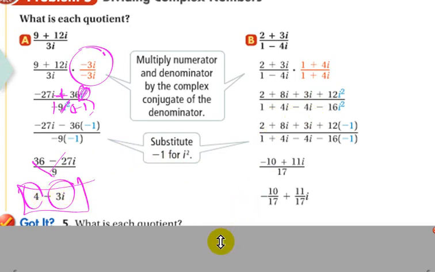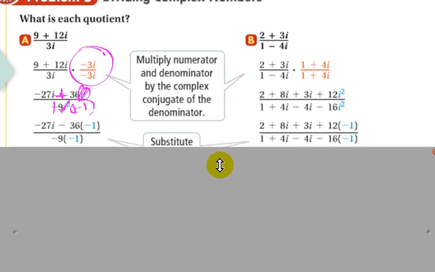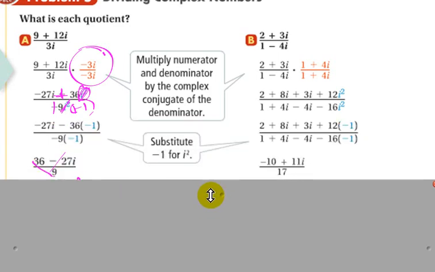And now let's look on the right. Let's do this number crunch over here. When you multiply by the complex conjugate, you get a squared plus b squared, which is going to be what? a squared is 1, b squared is 16.